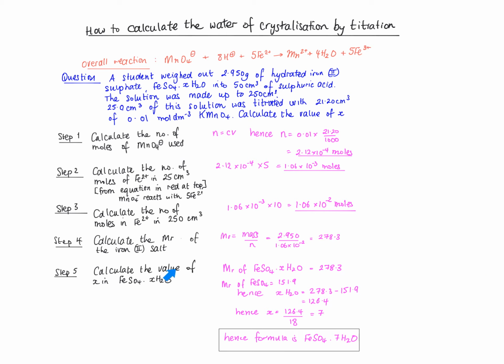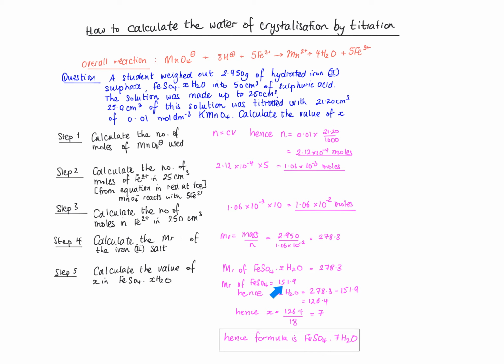Last step, calculate the value of X in FeSO4.XH2O. So we know the Mr of that whole thing is 278.3, and we can work out how much the XH2O weighs, because we can work out how much FeSO4 weighs, which is 151.9 from the periodic table. So the XH2O must equal the Mr, 278.3, take away the mass of the FeSO4, 151.9, which gives you 126.4.